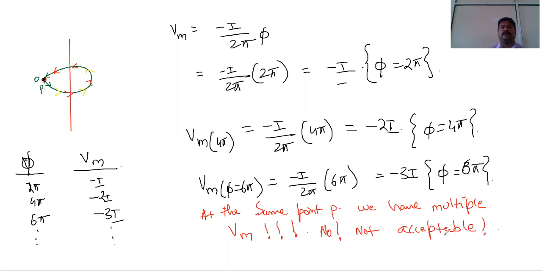It is just not acceptable to have different magnetic potentials at the same point, which depends just on how many times you have traversed. So that is absurd, right? So hence we never take scalar magnetic potential Vm.